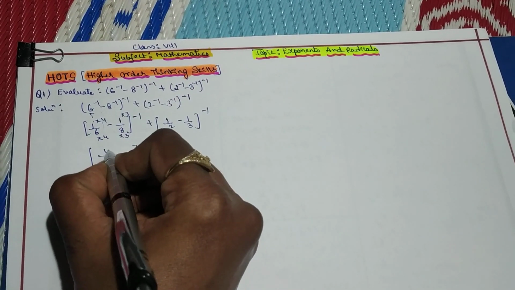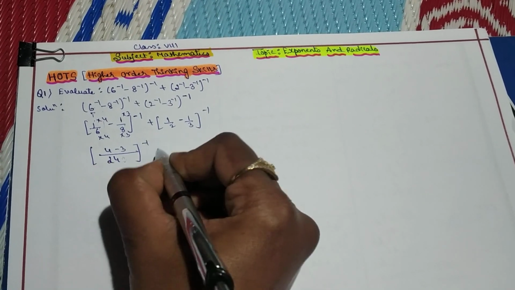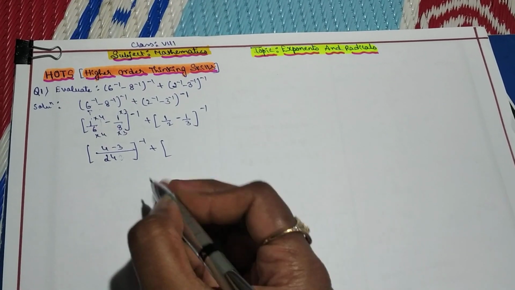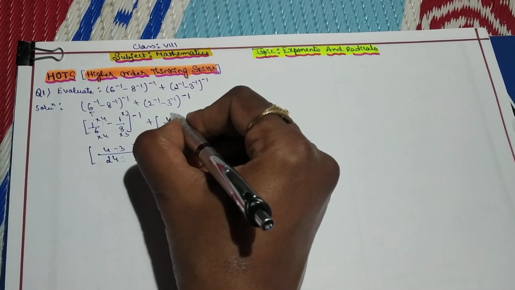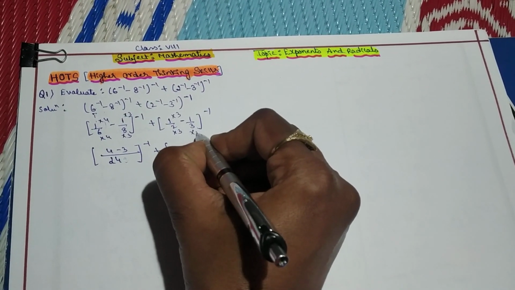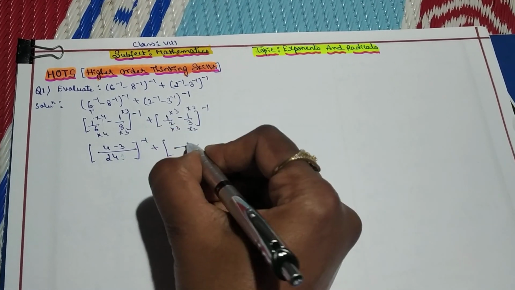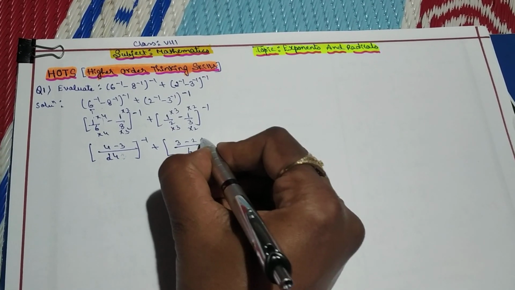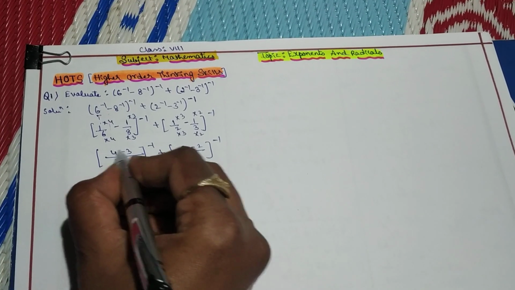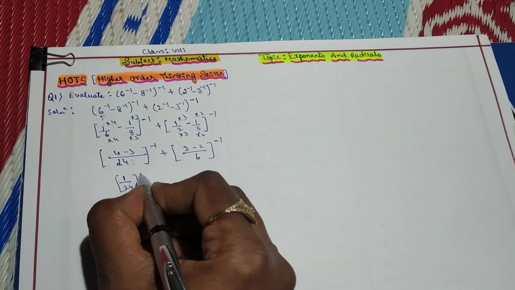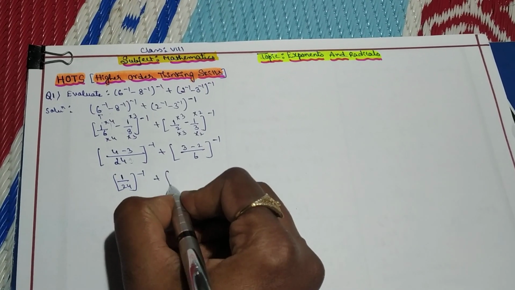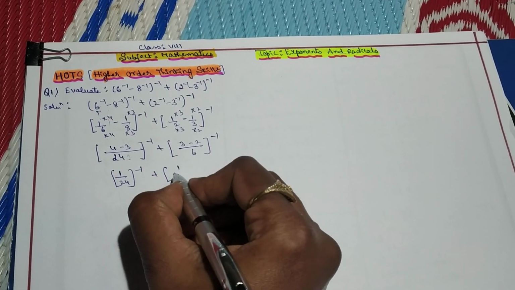So I'll get 4 minus 3, its inverse, plus in between 2 and 3 the LCM is 6. So 3 and 2 in the numerator, I'll get 3 minus 2, its inverse. Then 4 minus 3 is 1 by 24, its inverse, minus 1, plus 3 minus 2 is 1 by 6, its inverse.